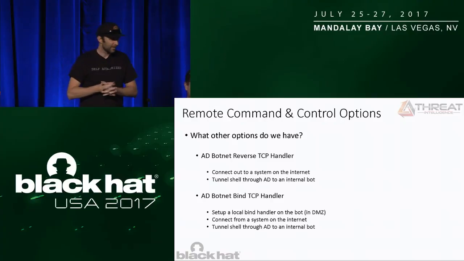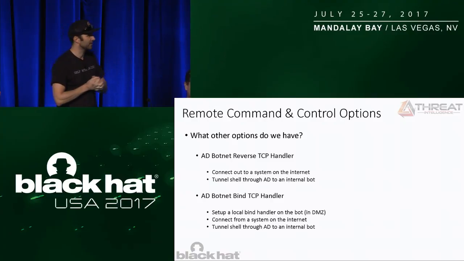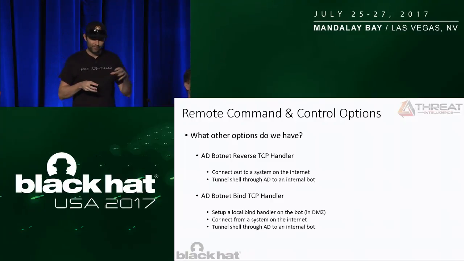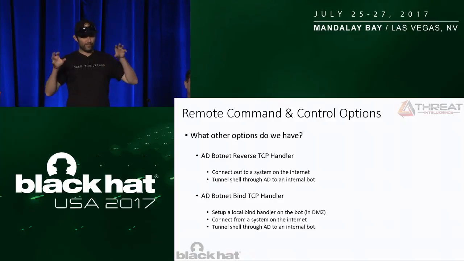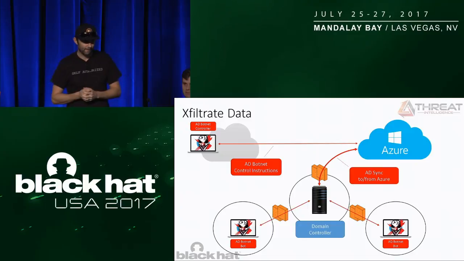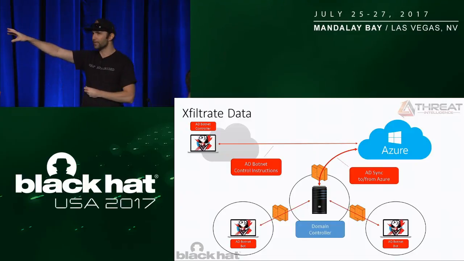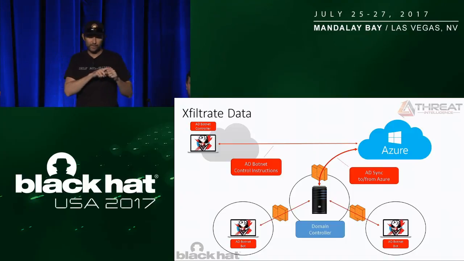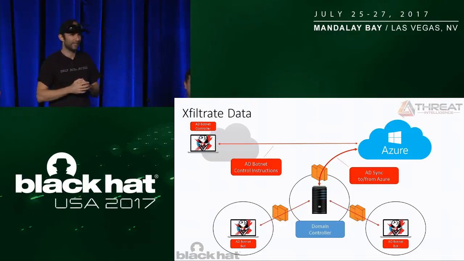Since our two-way communication channel got shut down through Azure AD, we wanted other command and control options. So we implemented an AD botnet reverse TCP handler. Basically, you could have your bot on the left-hand side issue the command that he wants to establish a connection back to our attacker out on the internet via a TCP channel.